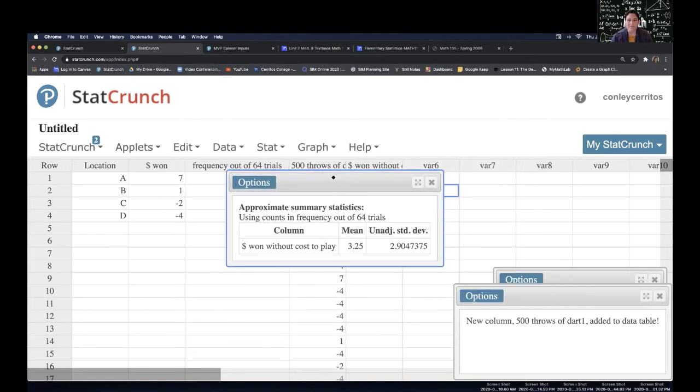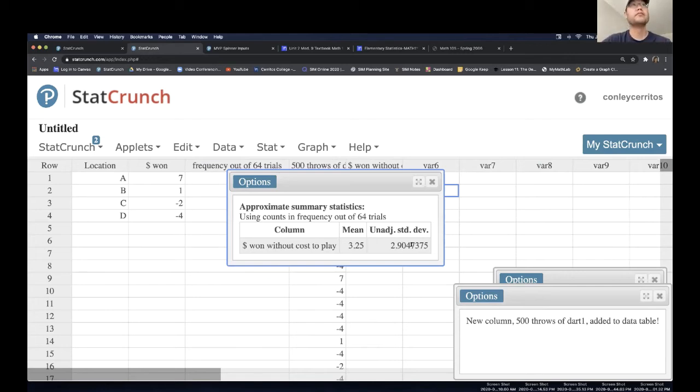My mean is 325, and the unadjusted standard deviation is 2.9. Notice the 325, I would just have to subtract the $5 from it to get my negative 175 in that case.